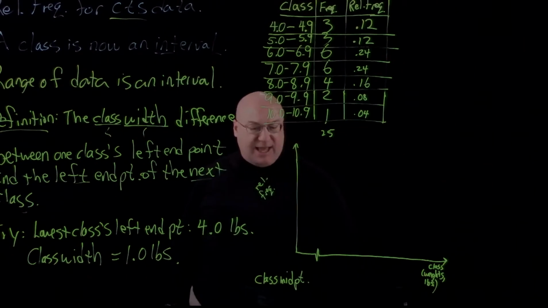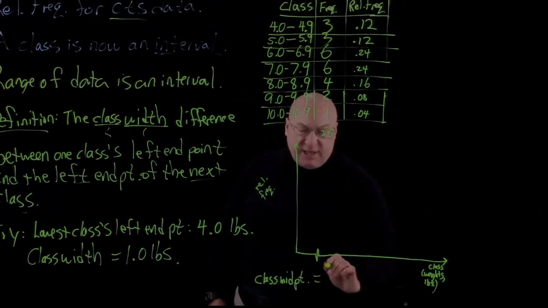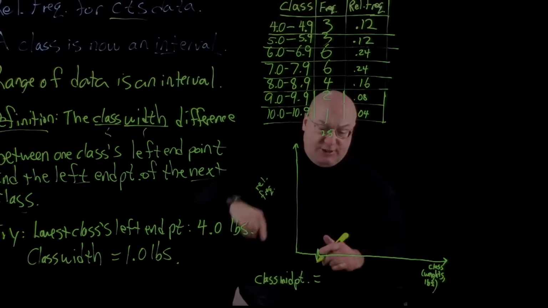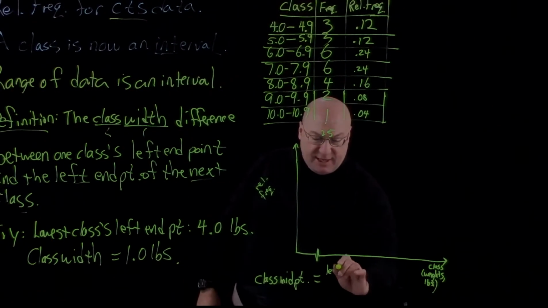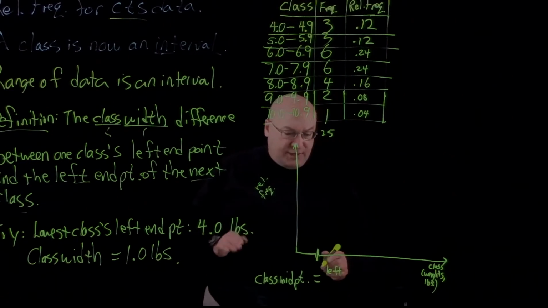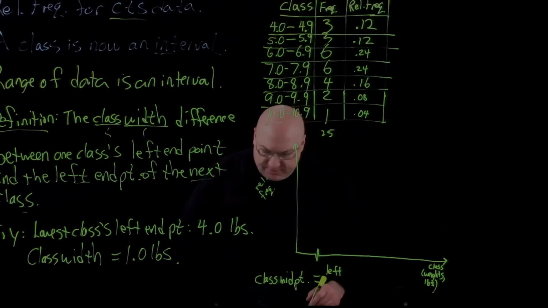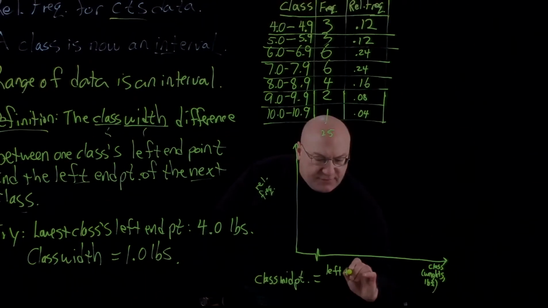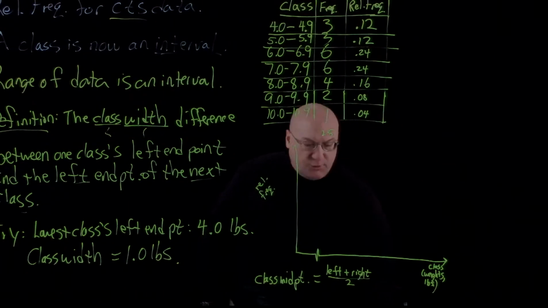So how do you find the class midpoint? The answer is it's exactly in the middle, the point that's exactly in the middle of each of these intervals. So what I do is I take the left endpoint, plus the right endpoint of a given class, and divide by 2.